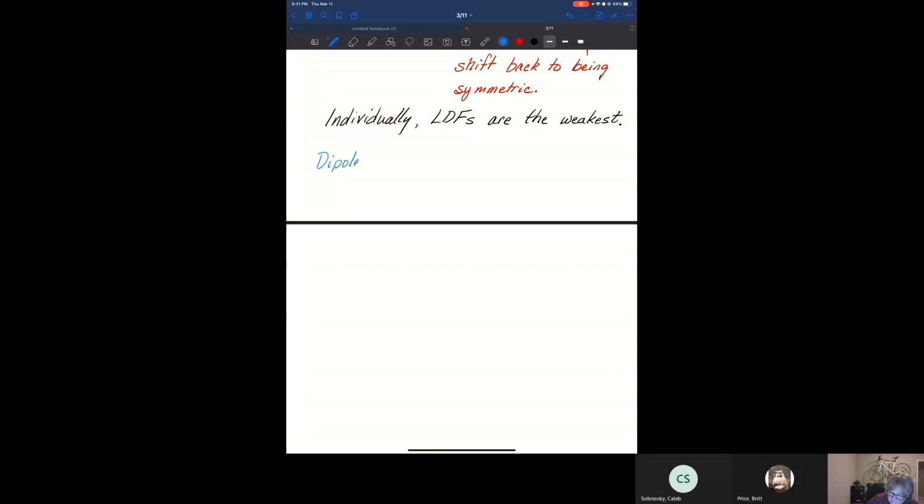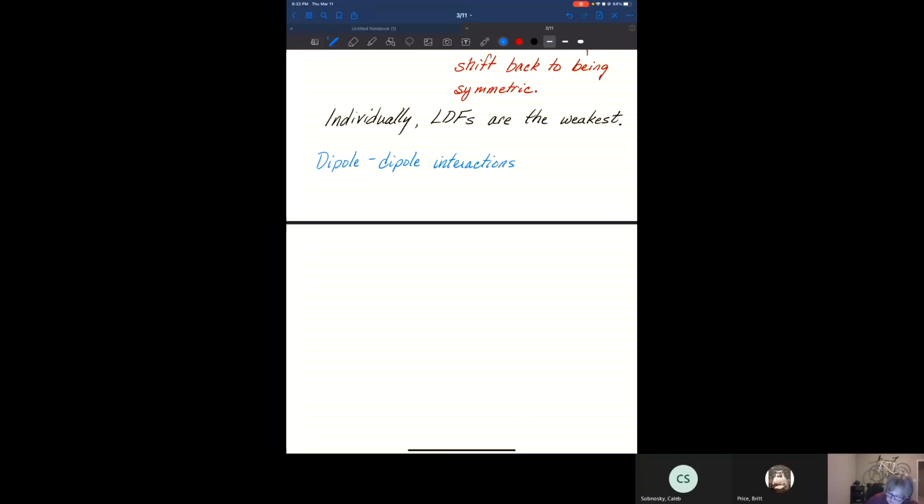So, dipole interactions. Essentially, the whole idea here is that opposites attract.